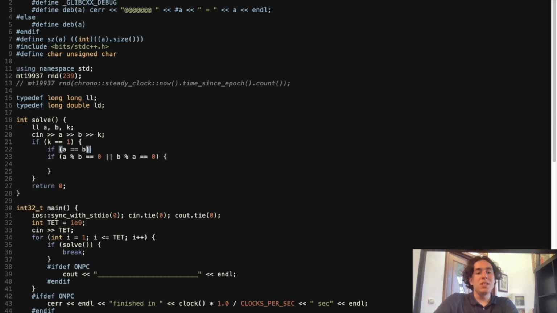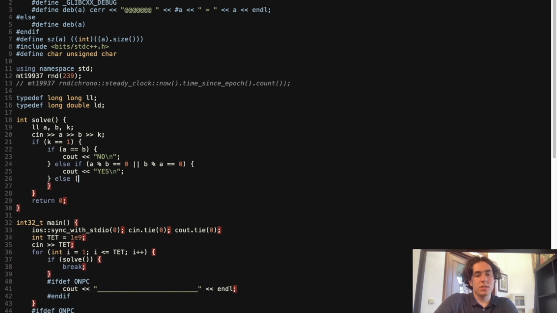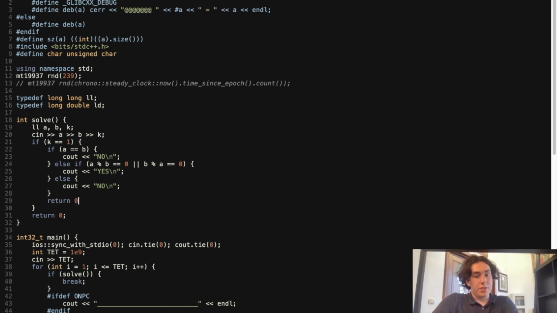If A equal B, then it's impossible. Yes, and otherwise we print no. Return 0.